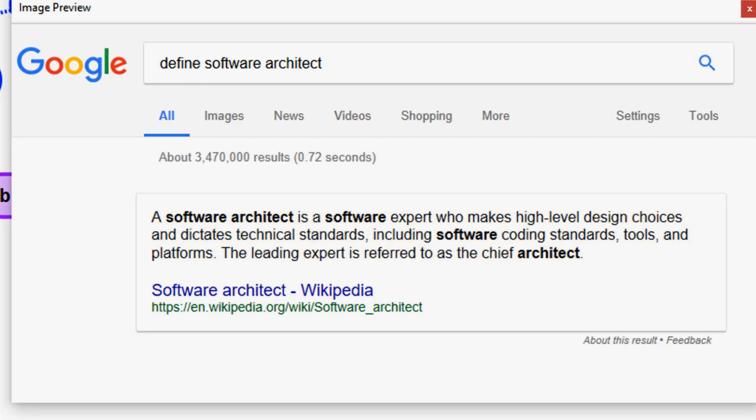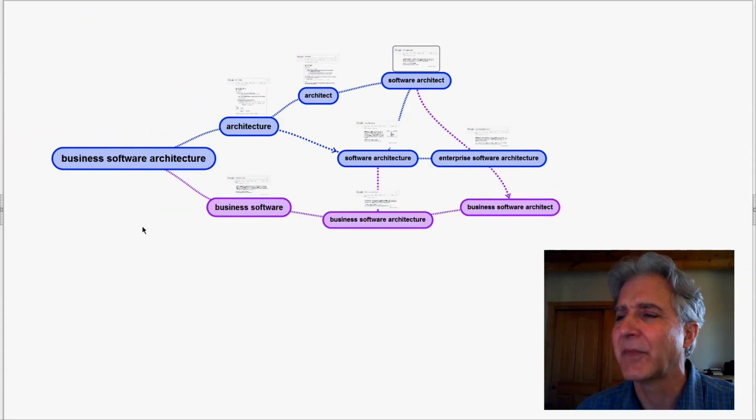In looking at this definition, I don't like it at all, because it's kind of diverted from being the designer of the software, the chief builder of the software, to looking like it's somebody who's dictating technical standards and high-level design choices, but it's not really talking about designing the structure of something. So I really don't like this definition at all.